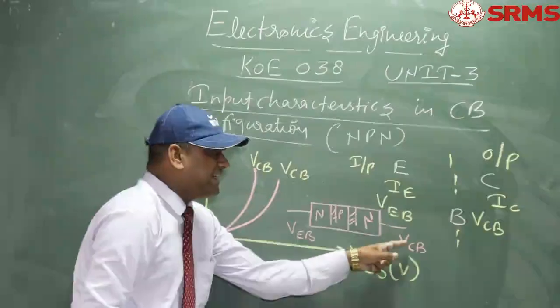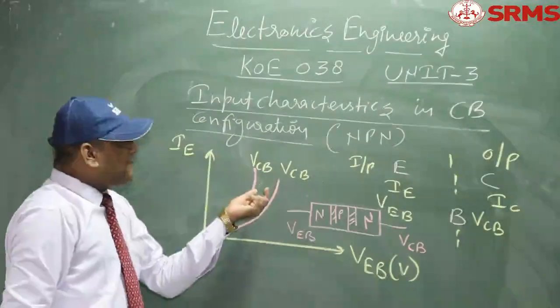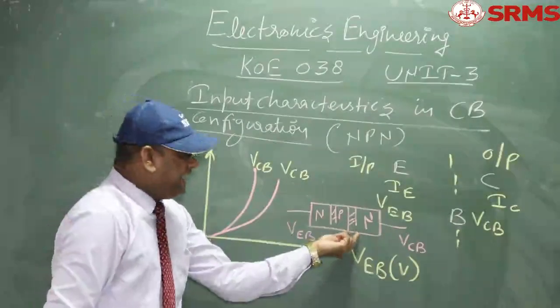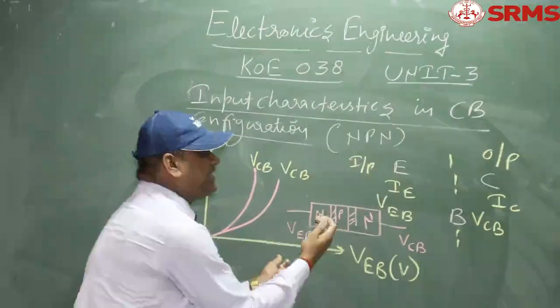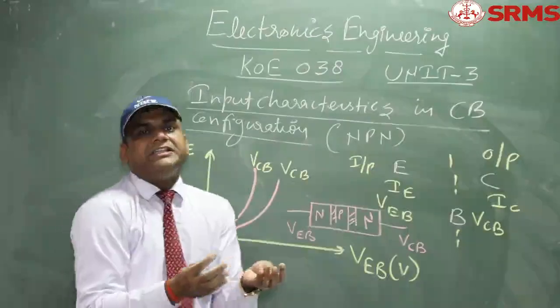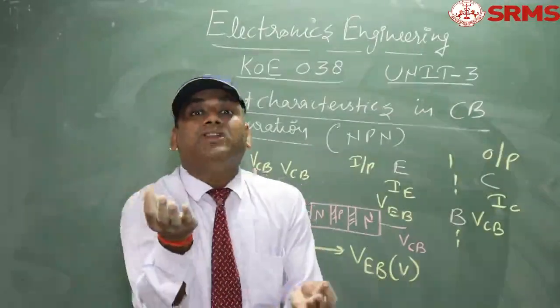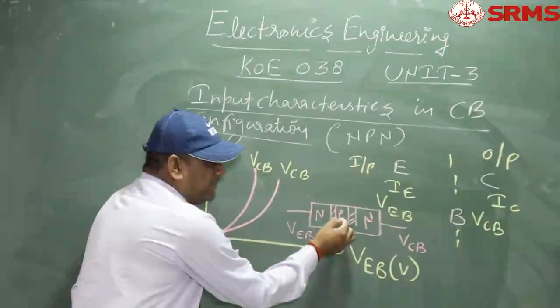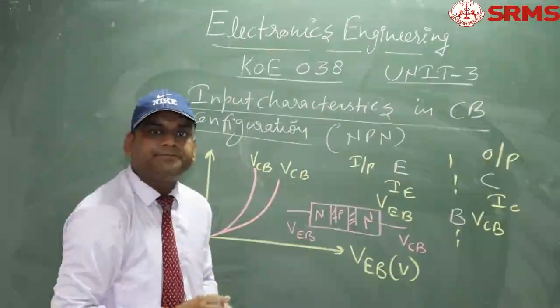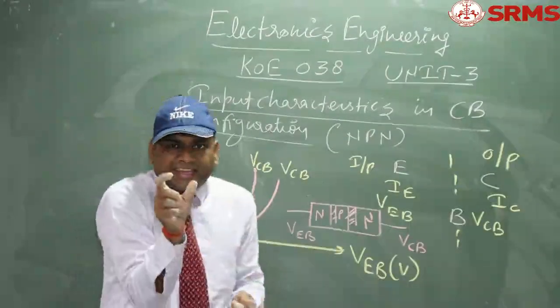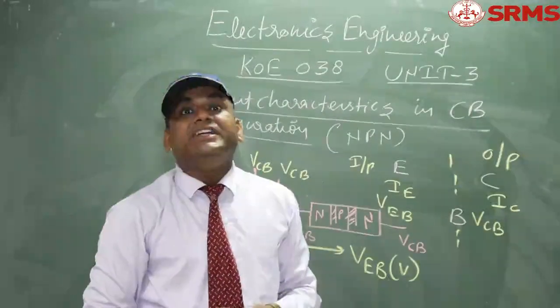So if you will increase the reverse bias voltage, the depletion width is going to increase, and it will increase towards the base region, because the depletion region is always going to increase from higher doping to the lower doping, and the doping of the base region is very less. So that means depletion width is going to increase, so the base width is going to decrease.